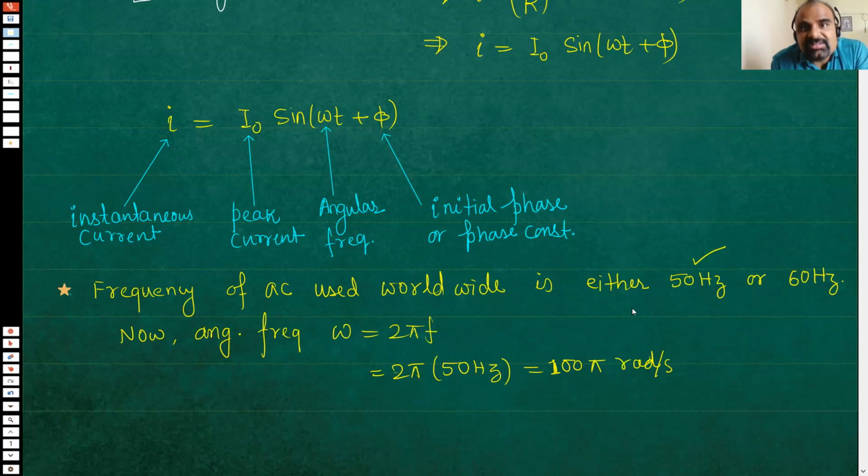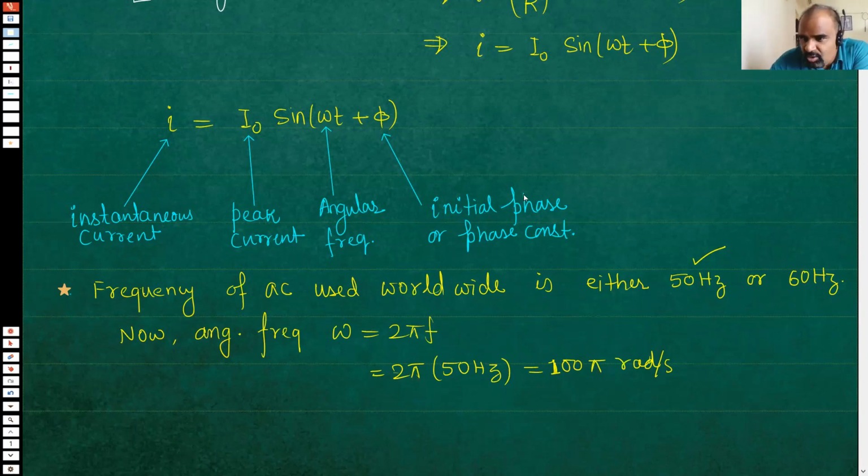But sometimes the examiner may forget. So in that case, you are free to take 50 hertz as the frequency, because everywhere in the world, people use alternating current of 50 hertz frequency only, except a few countries where 60 hertz is used.